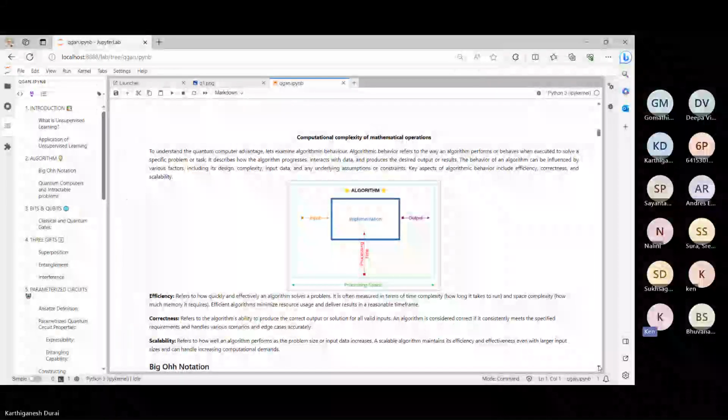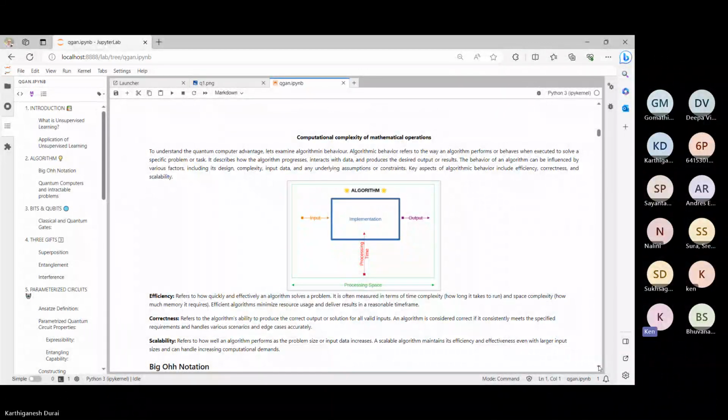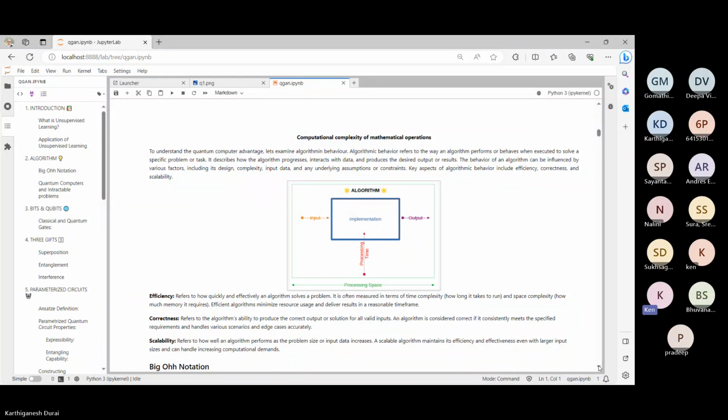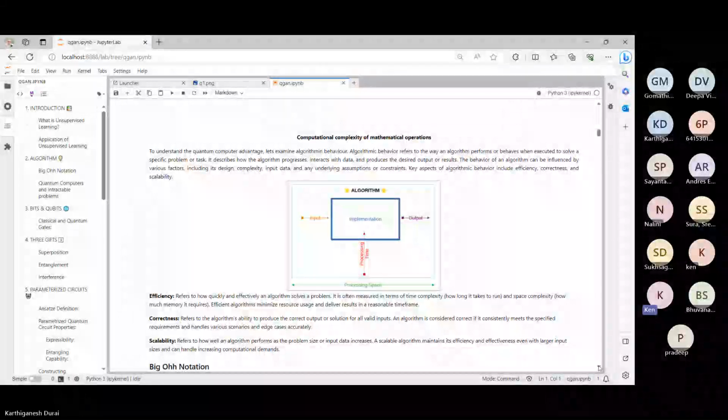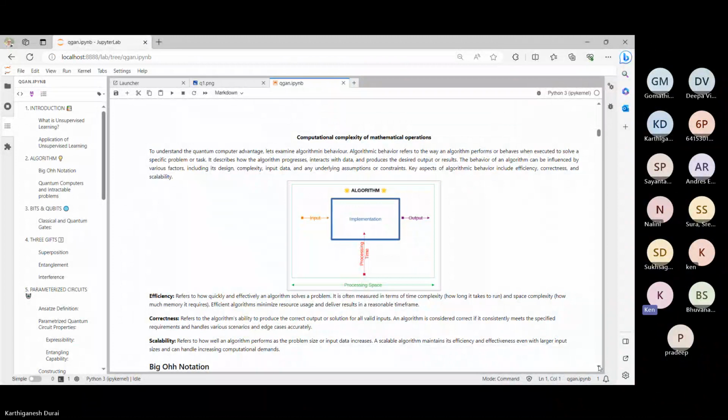You might be running Windows, and maybe I want to implement the same algorithm in Python or C++. So how do we ensure that we have a specific benchmark, so that the algorithm that runs on your system is also benchmarked in a way that we can take that algorithm and run it on a quantum system, and that benchmark also applies there too? The way we do this is through big O notation.